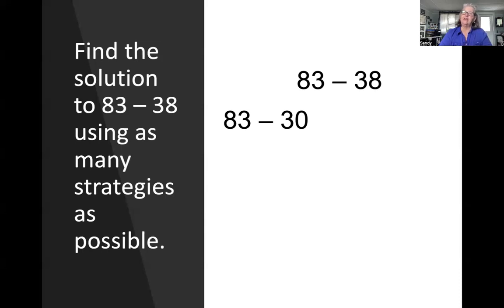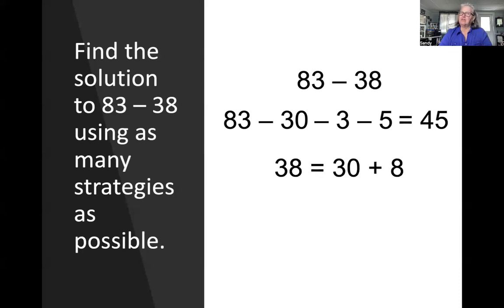They remove 30, so they've got 53. They remove the 3 ones, they've got 50, and then they remove 5 more and end up with 45. So again, they think of 38 as 30 and 8, expanded form of the number. They think of 8 as 3 and 5. Now, they may know other facts for 8, but that's the one we need for this problem. So they break numbers apart in a very usable way so they can do these mentally.